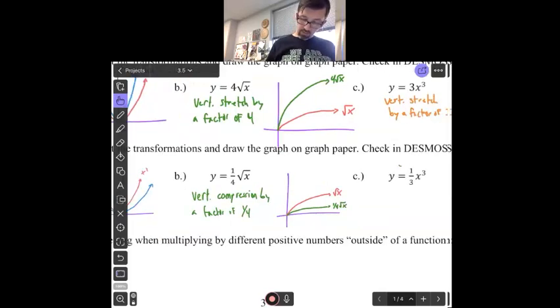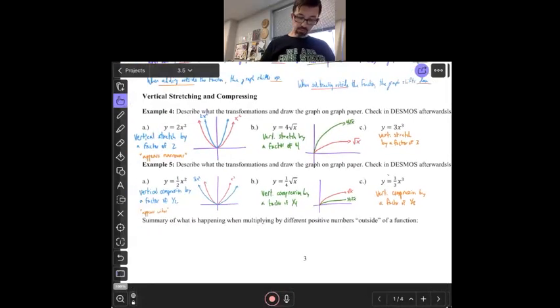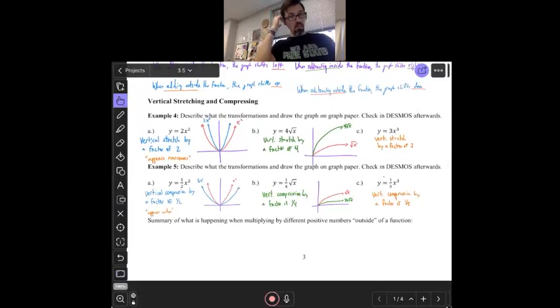The last one is a vertical compression by a factor of 1/3. You may have heard of vertical compression as vertical shrink also. This book uses the word compression, not shrink. It's just a different word for the same thing.